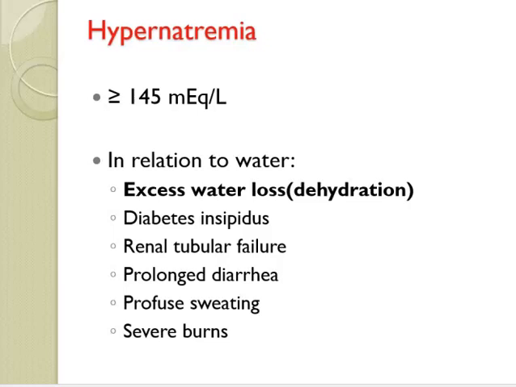In hypernatremia, there is an increase in sodium outside the cell in the blood, so the water is going to try to rush out of the cells to create balance, so your cells are going to shrink.